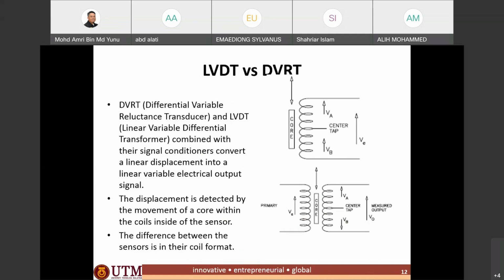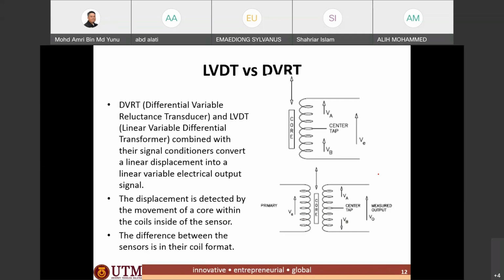So the principle is similar, but the DVRT, or differential variable reluctance transducer, is similar to LVDT combined with signal conditioning to convert a linear displacement into a linear variable electrical output signal.